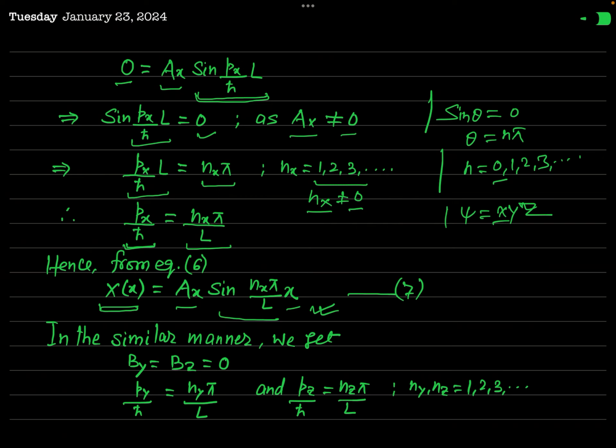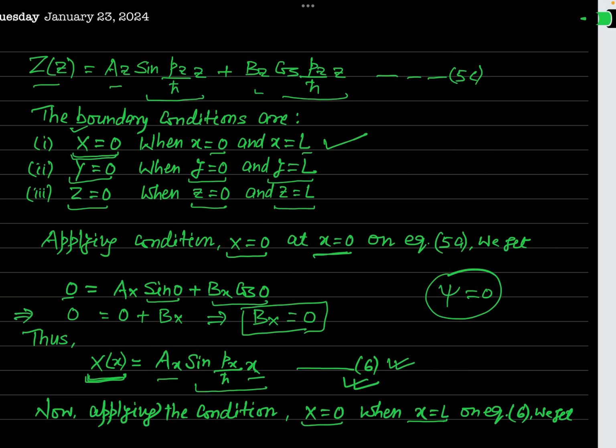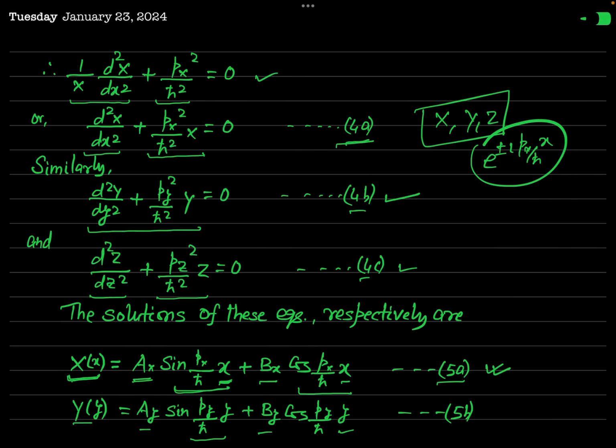This is the value of X, our solution of the equation which I have written as equation 4a. This is its proper solution.